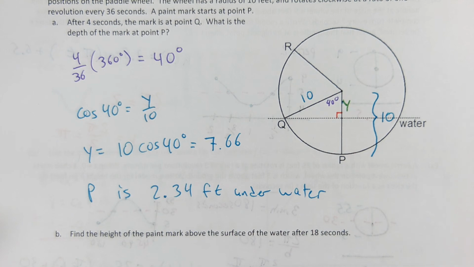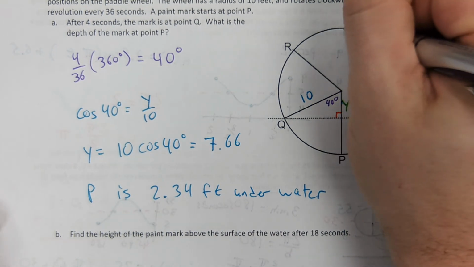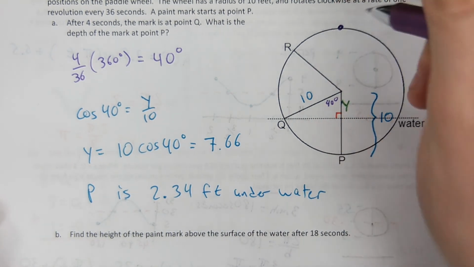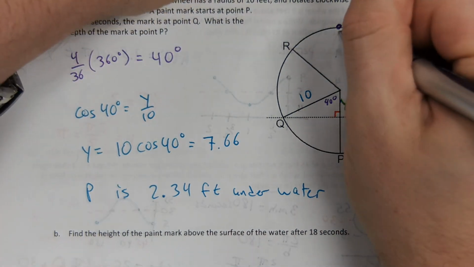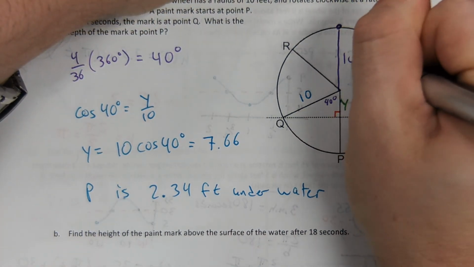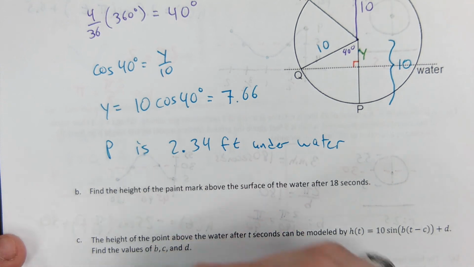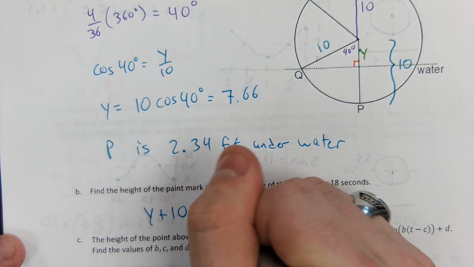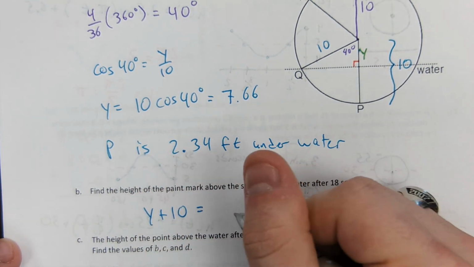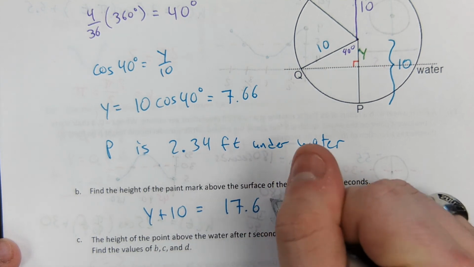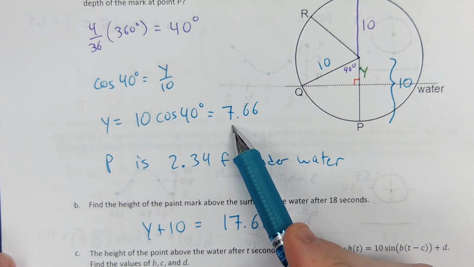The maximum. That's going to put us way up here. Well, we know that this number is 10. So its height is just going to be our y value plus 10, which is going to be 17.66. I just added 10 to that number right there.